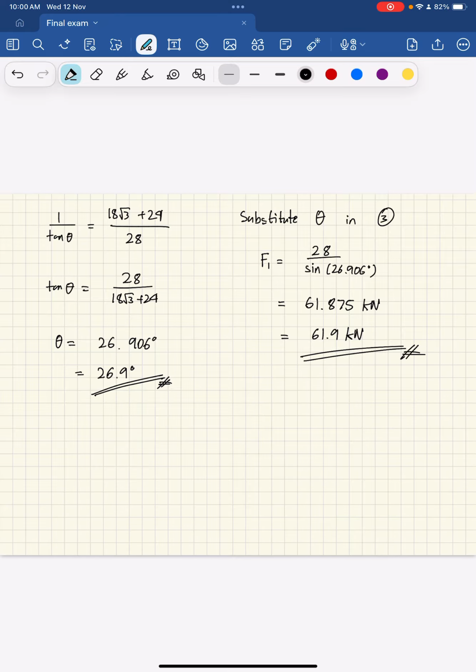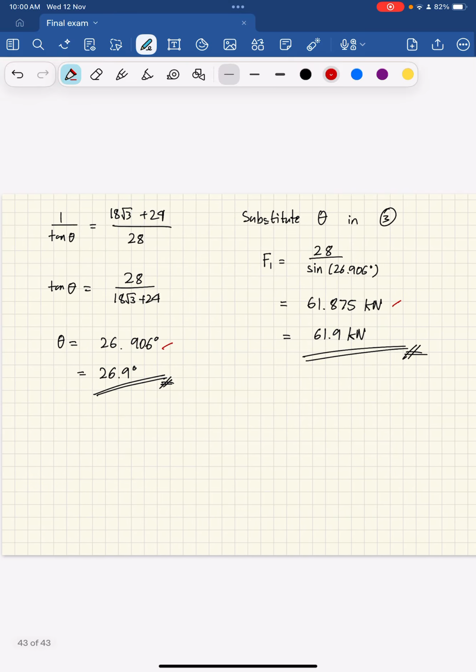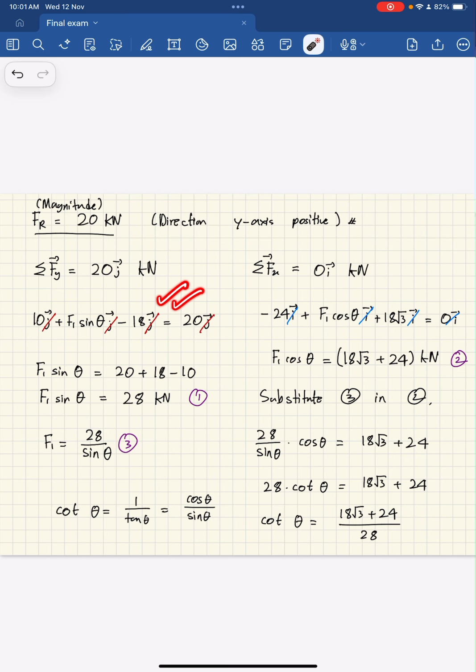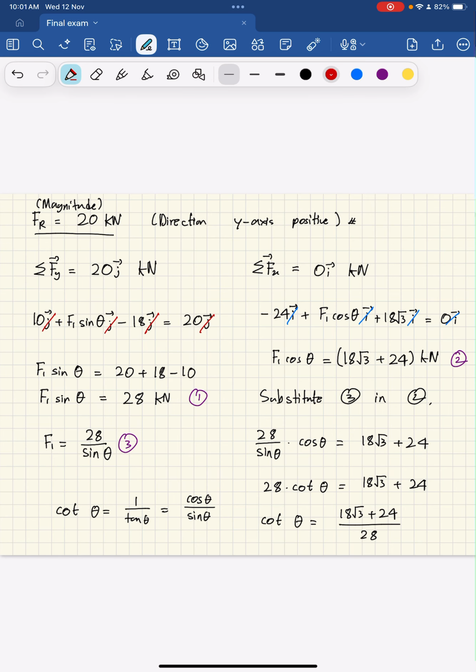Now, one thing we can do is check whether the values of F1 and theta are correct. How can we verify it? We check back with these two equations.